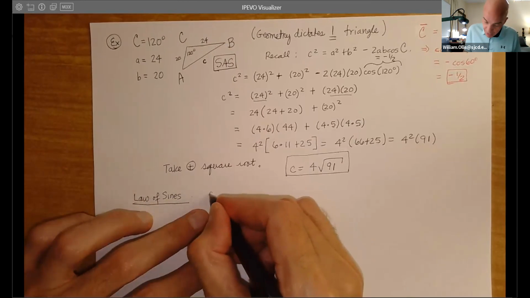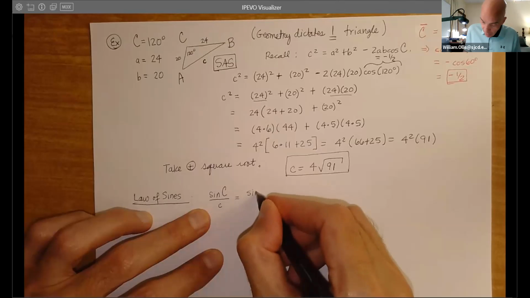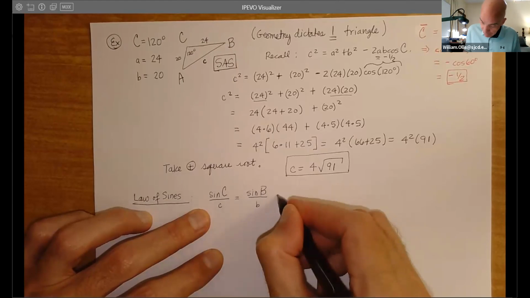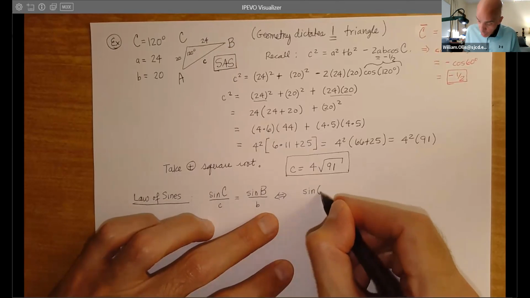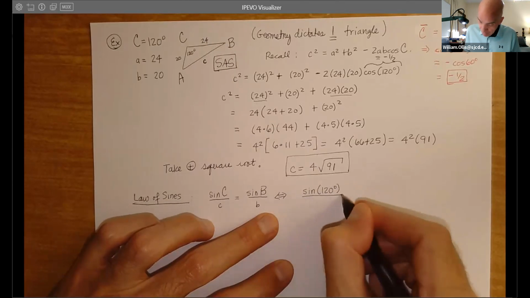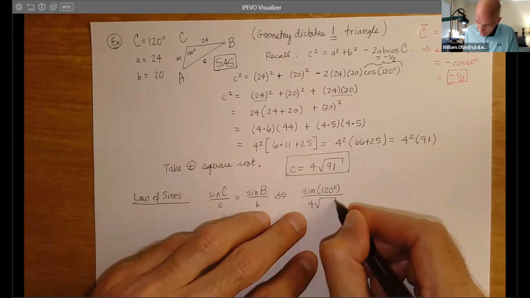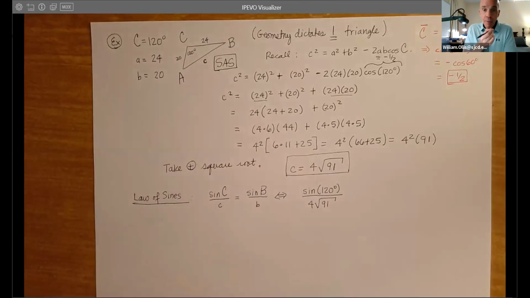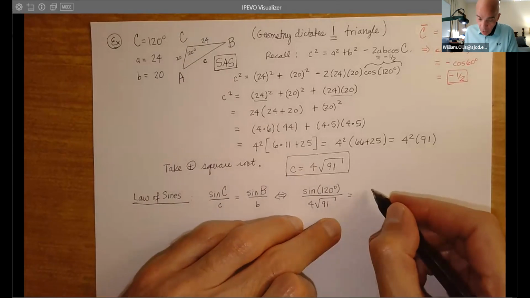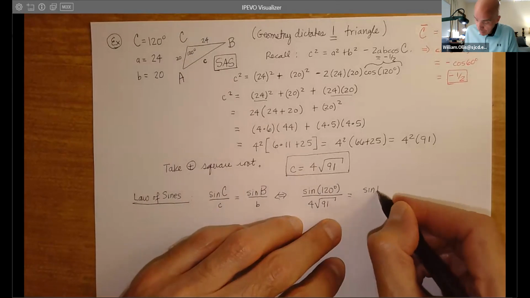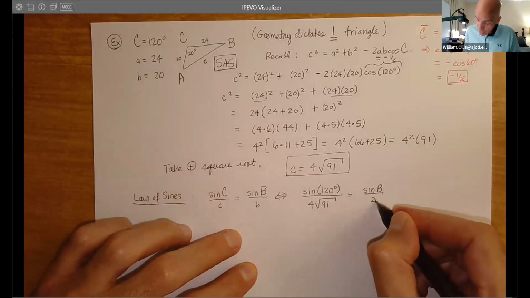So we can say sine of C divided by C equals sine of B divided by B. So if and only if we have sine of 120 degrees divided by, well, there we go, C. It's not at the triangle, it's right down here where we calculated it. 4 times the square root of 91 equals sine B. Well, we don't know B, so that's just sine B. And the opposite side is B, which is 20, little b, so to speak.